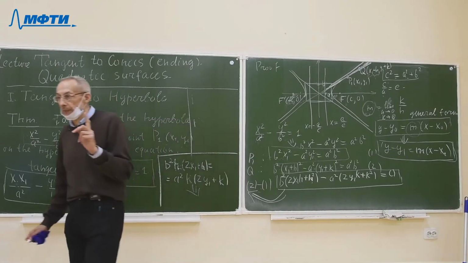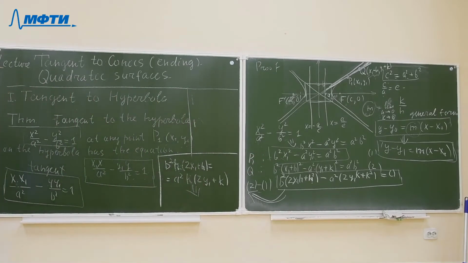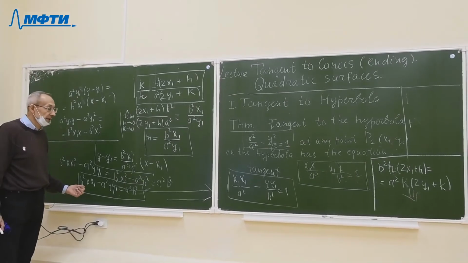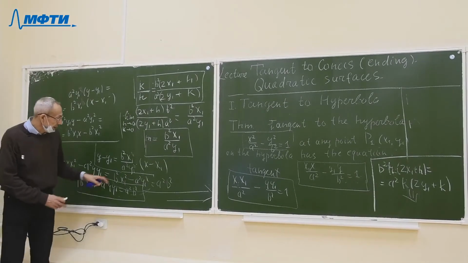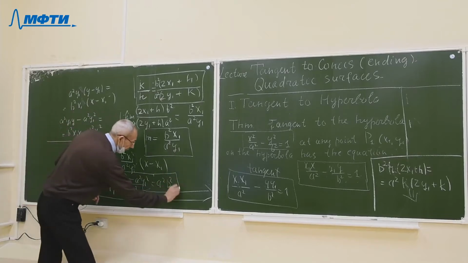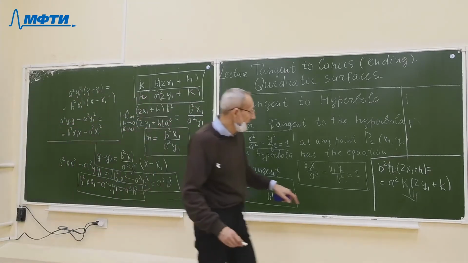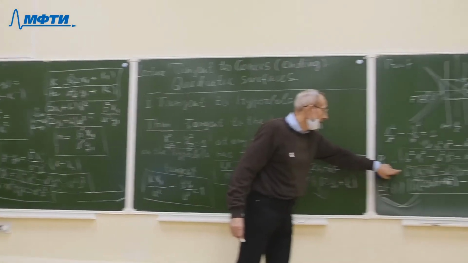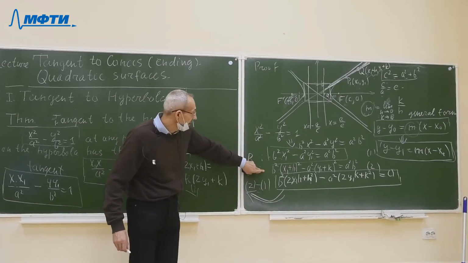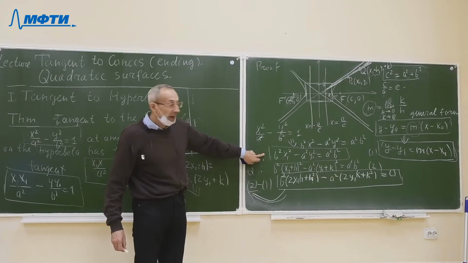Sorry. Continue. We use the fact that the point P1 lies on our curve, and therefore satisfies the equation of the straight line. But this equality is exactly the equation for our hyperbola. This one and this one are equivalent.